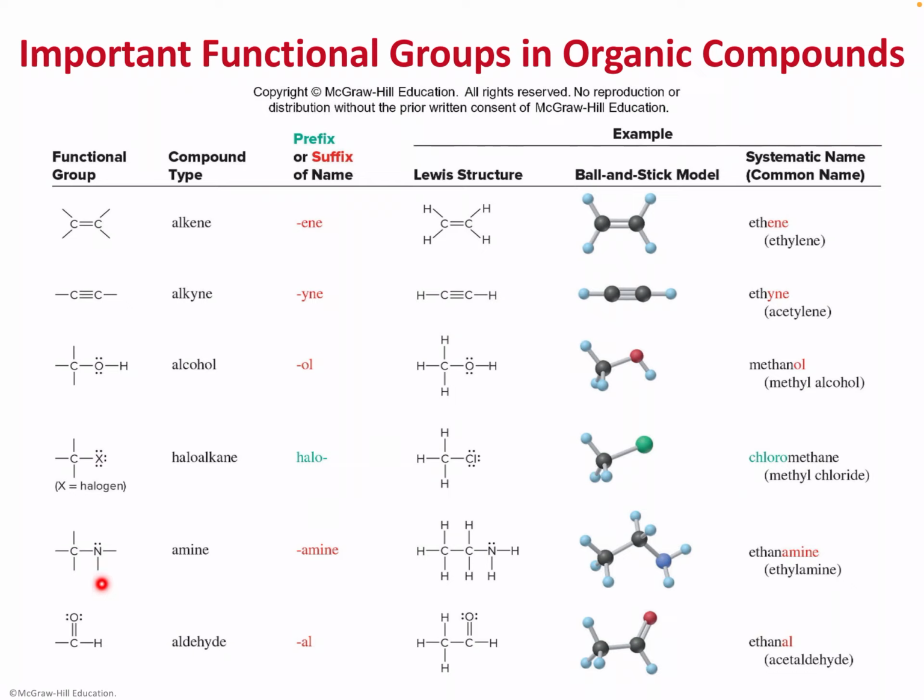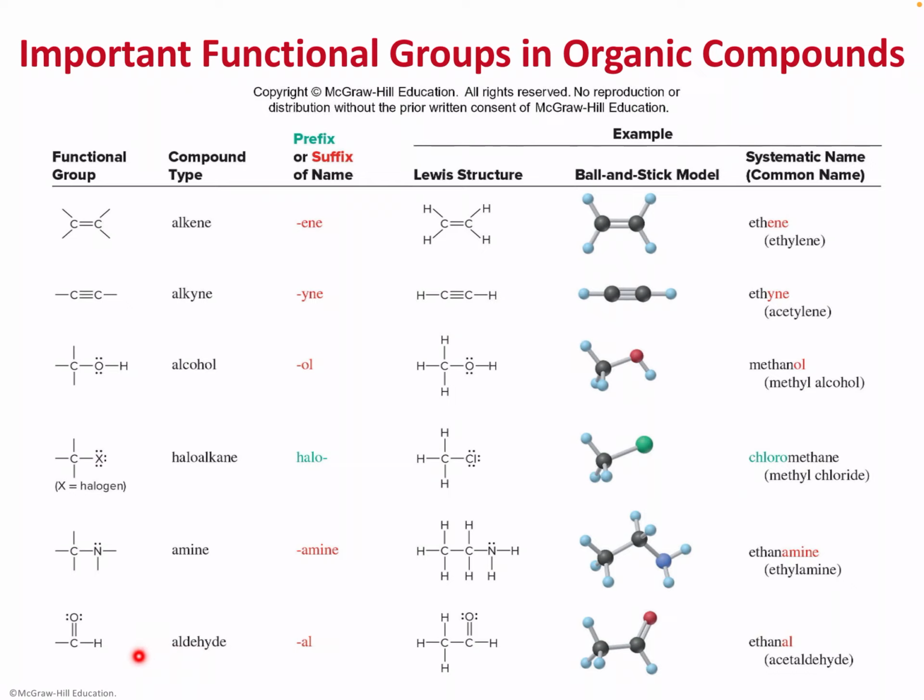And this one here is an amine. An amine has a nitrogen attached to carbon. Here is an example: nitrogen attached to carbon, and this nitrogen has two hydrogens attached to it. We call it ethanamine or ethylamine.